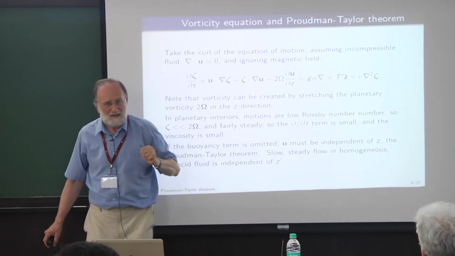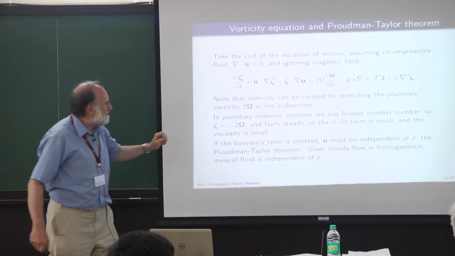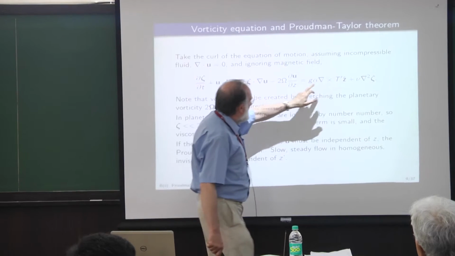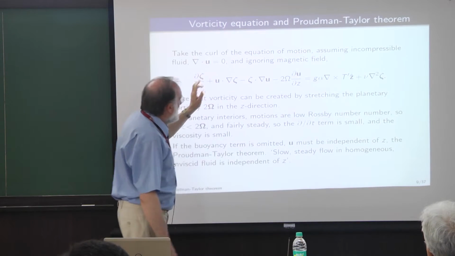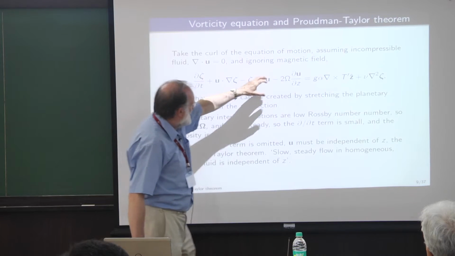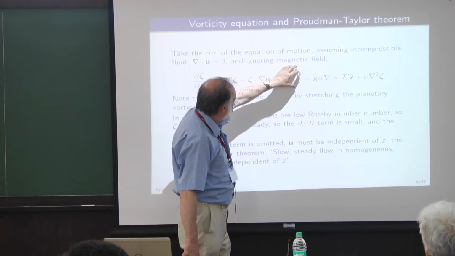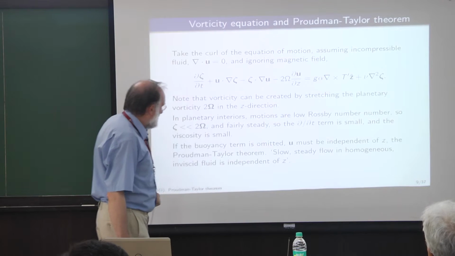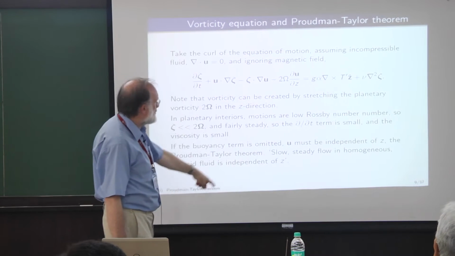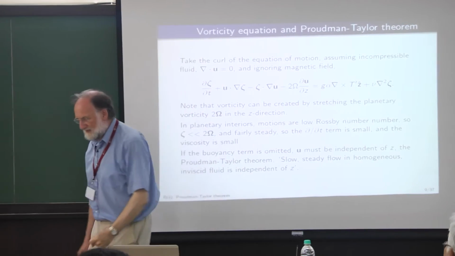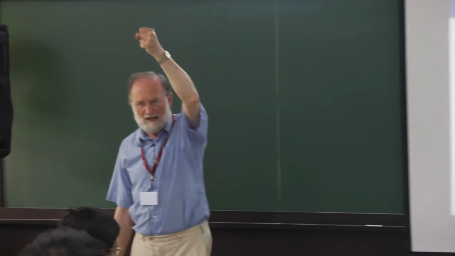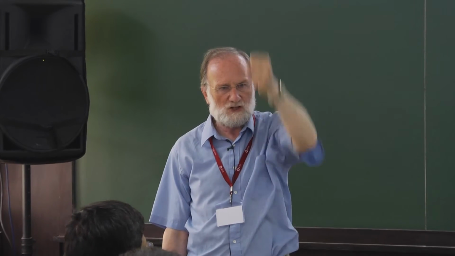Since all the other terms we're either ignoring or considering very small, the dominant term is this one. Therefore, this thing has to be 0, which tells us that the motions have to be independent of z. So the velocity has to be independent of that direction parallel to the rotation axis.